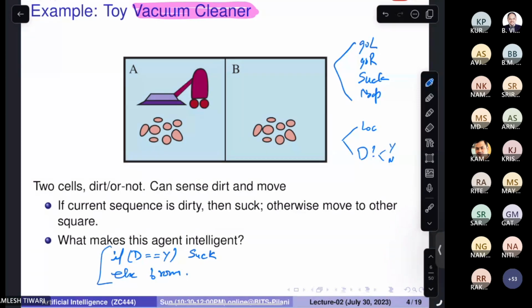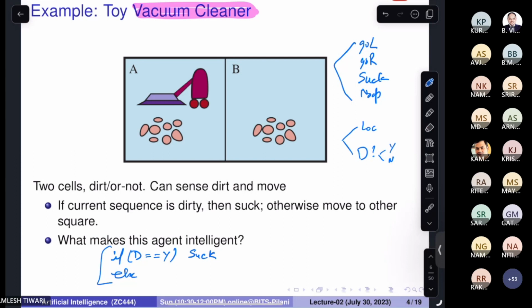Is it a good vacuum cleaner? Yeah, move to the other square. The other square, room, whatever it is. So how can I write move to the other room?